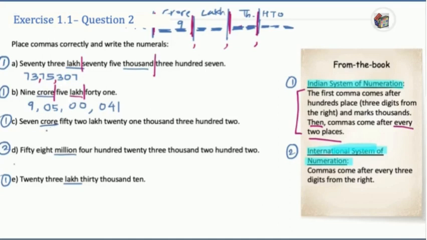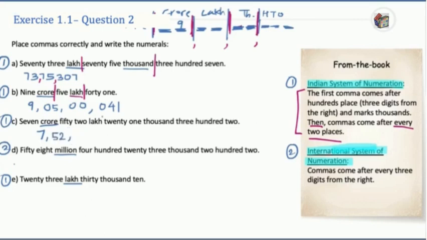7 crore. Alright, you have space for 2 digits again. You're using just 1. It's 07, but you don't write 0 in the beginning of a number. So you start with 7 only and you're ready with comma number 1. 52 lakh. You have 2 spots for lakh and you're using both of them. So 5, 2, 52. And then a comma.